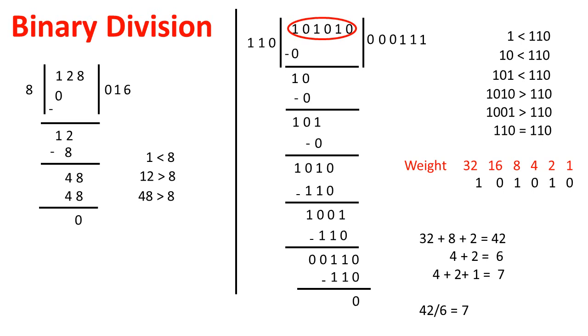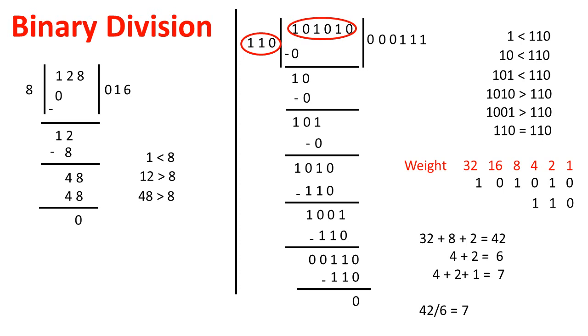Now we are going to convert the second number into decimal form. If we convert this into decimal, that is 4 plus 2, that is 6. The second number is 6. So we have got 42, we have got 6.